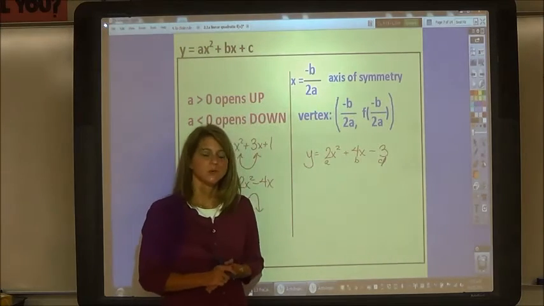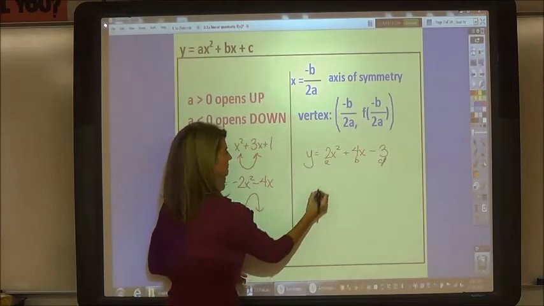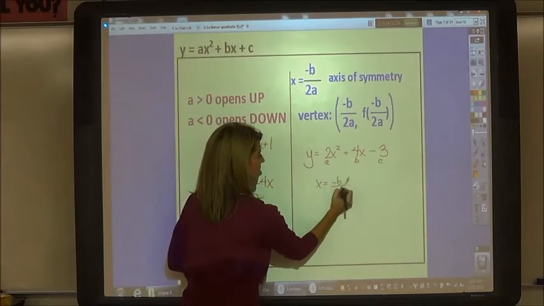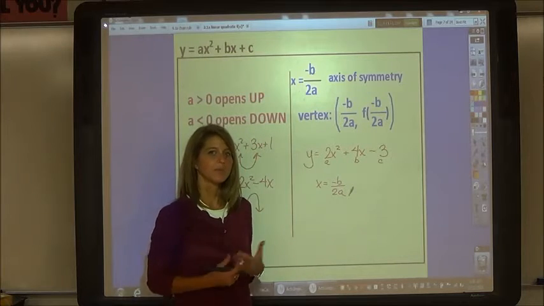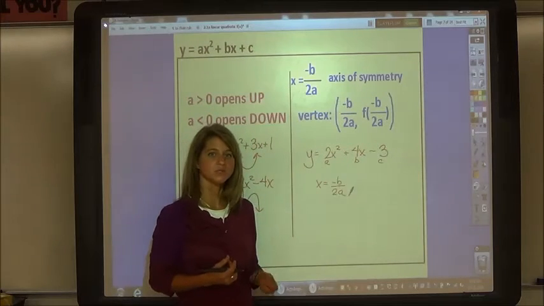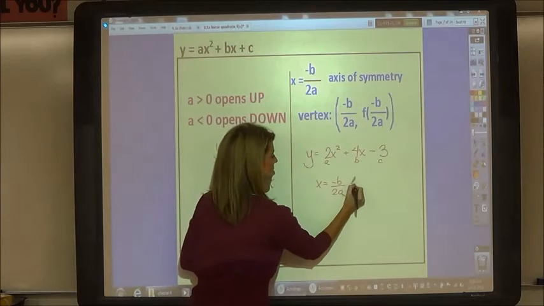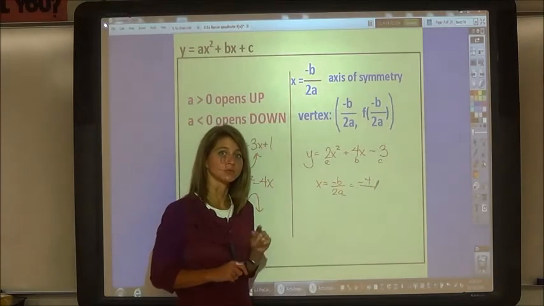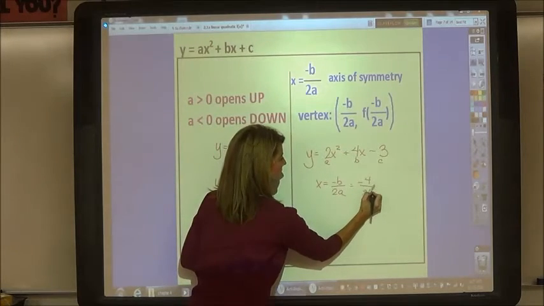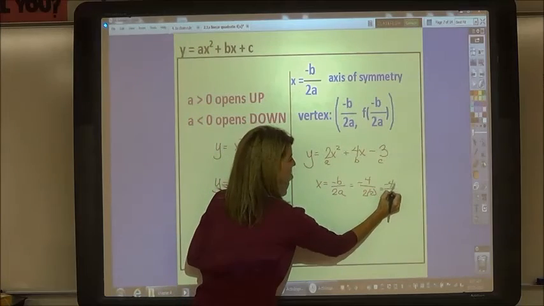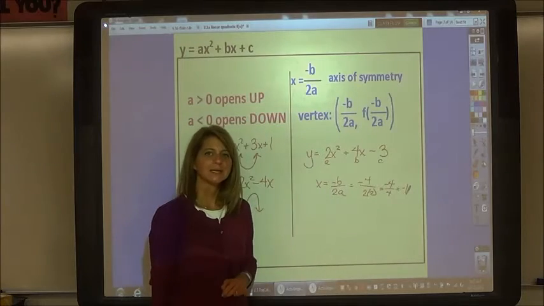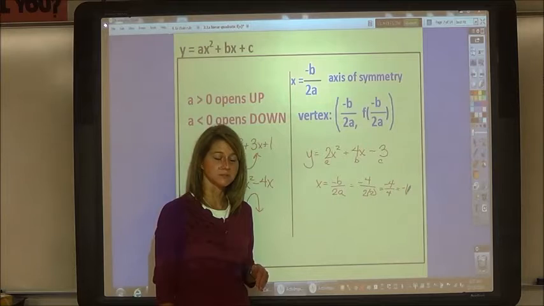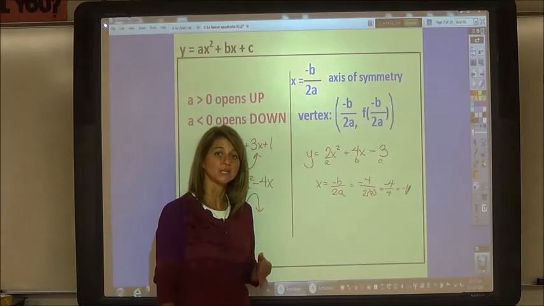Okay, so to find this axis of symmetry, I'm going to take opposite of b over 2a. My b is positive 4, so opposite is negative 4. 2 times a is 2 times 2, which is 4. I think I'm getting a negative 1. So that means my fold line, that axis of symmetry, happens at the line y equals negative 1.